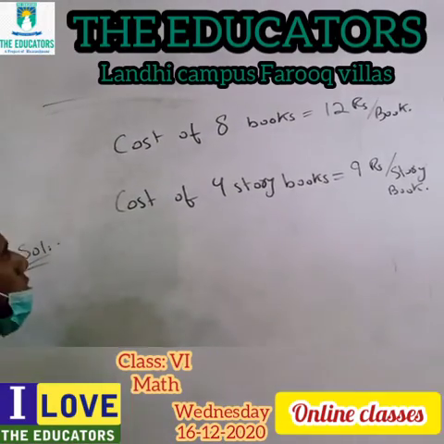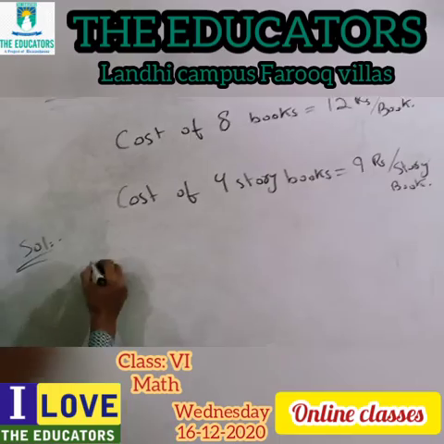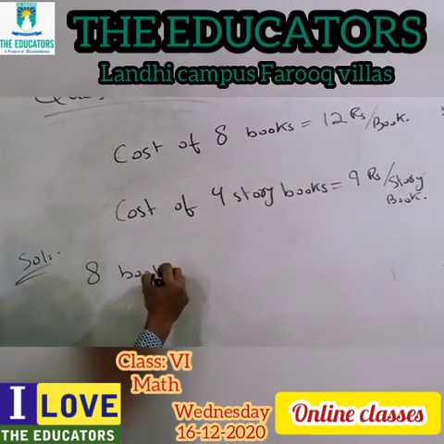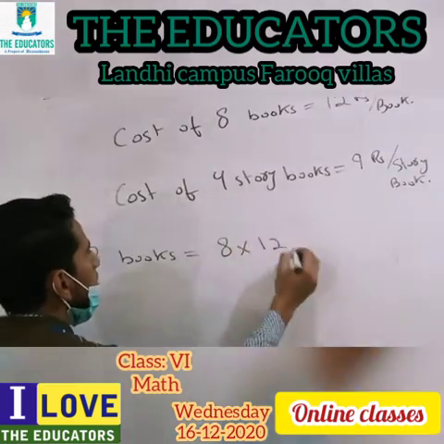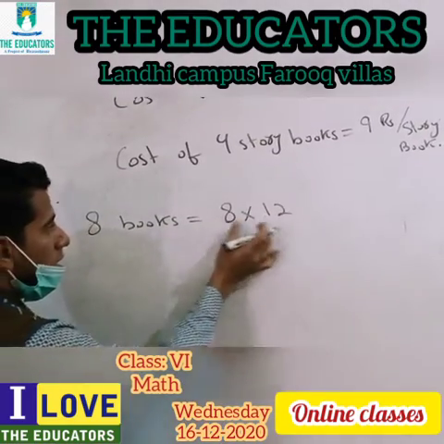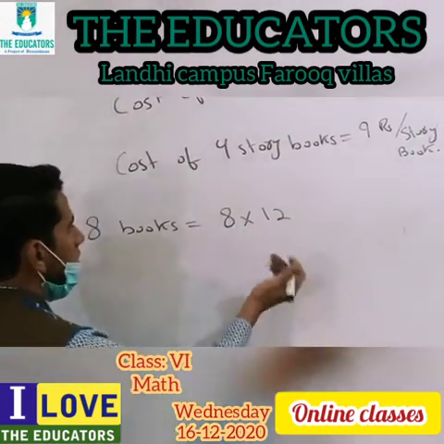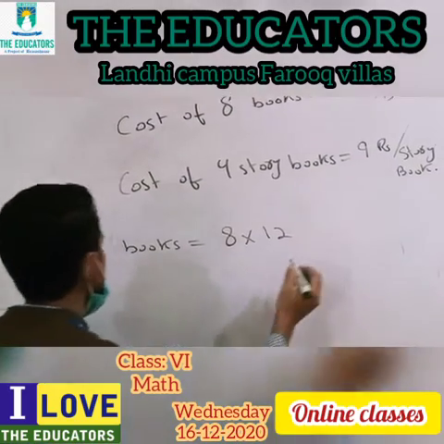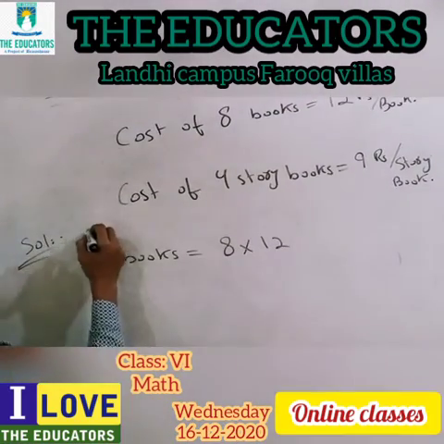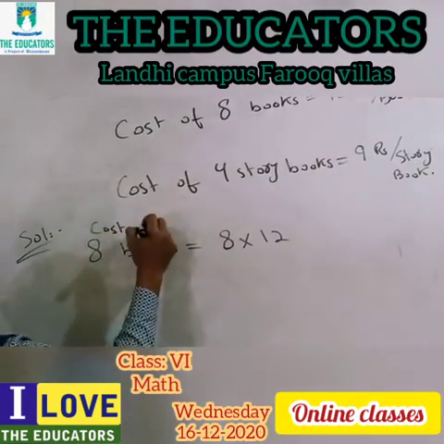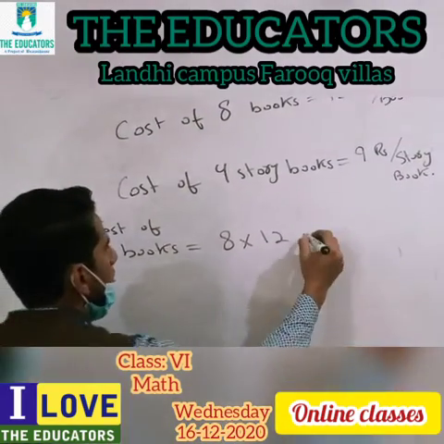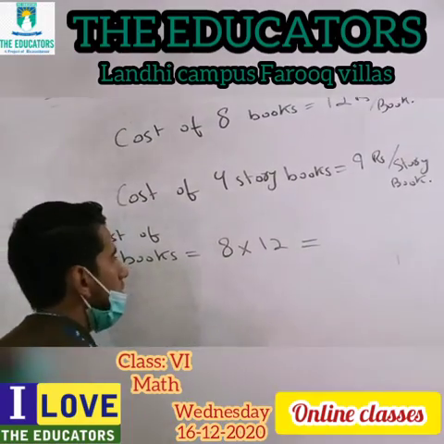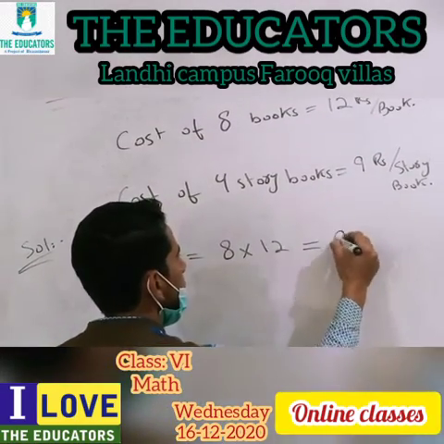Okay. If one book is of 12 rupees, then 8 books should be of 8 multiplied by 12. So you simply have to multiply the quantity with their cost. Okay, so you will get total value of 8 books. Total cost of 8 books, that will be 8 multiplied by 12, which equals 96.